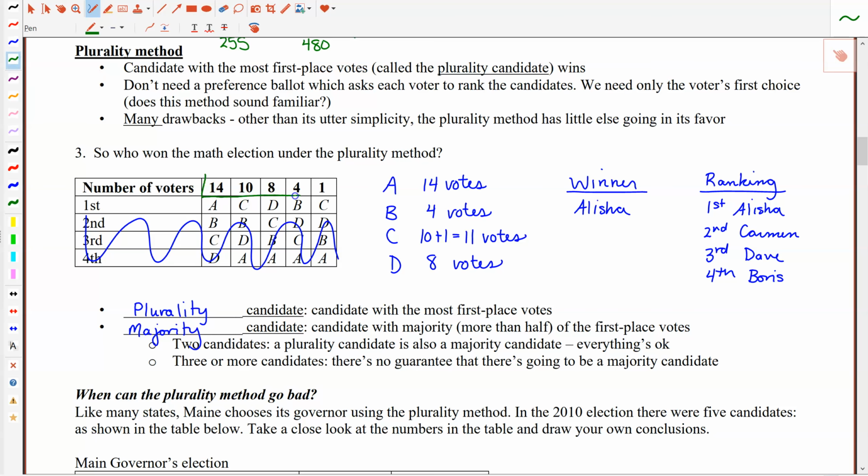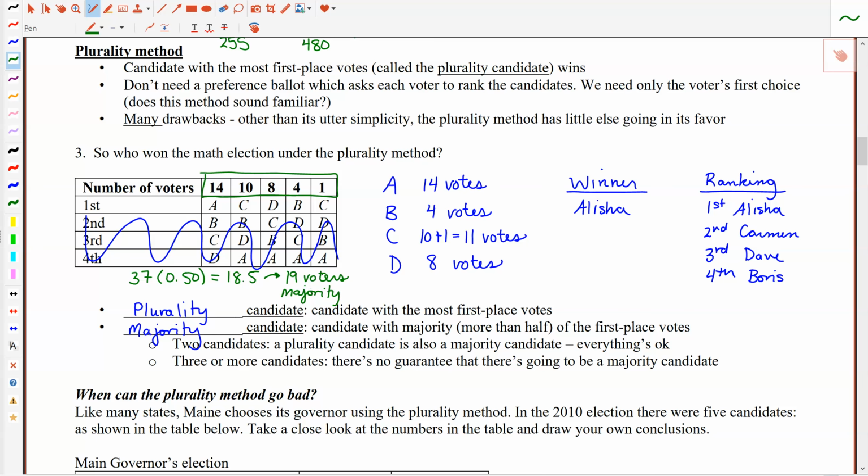We can recover that information by adding up all of these numbers across the top. So for 37 voters, if we wanted a majority, or more than half, let's figure out what 50% of 37 is. That's going to be 18.5. So let's round that up. That means we would need 19 voters in order to reach a majority.